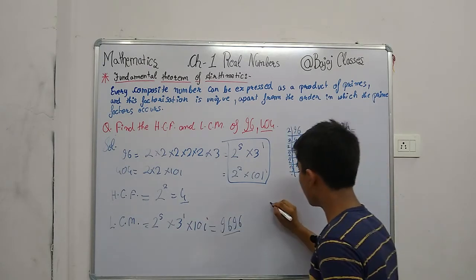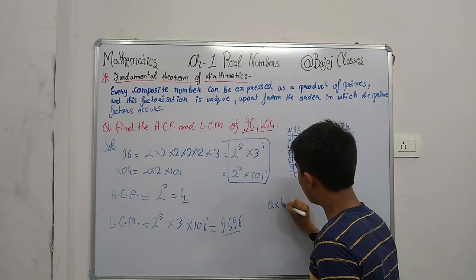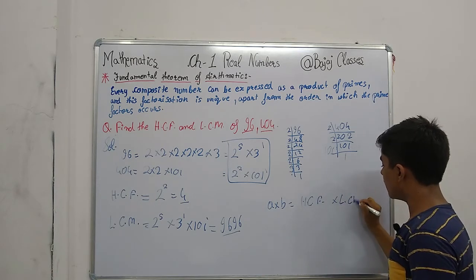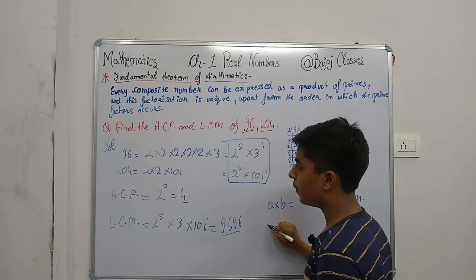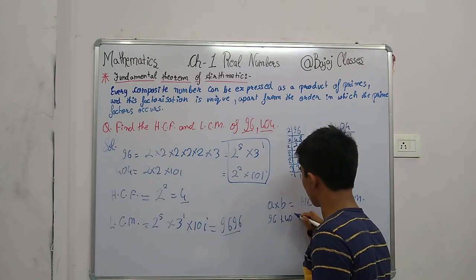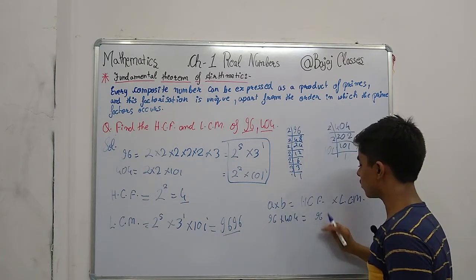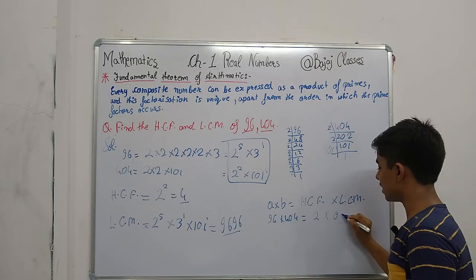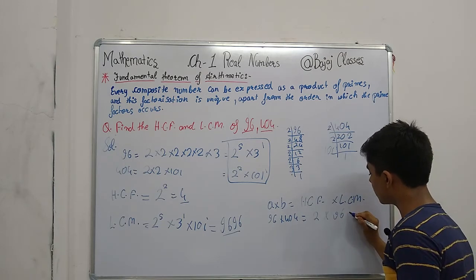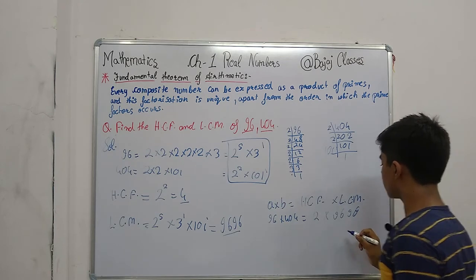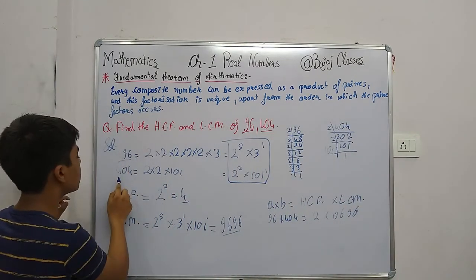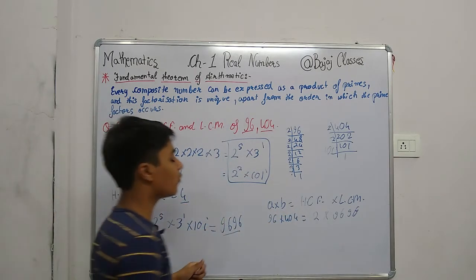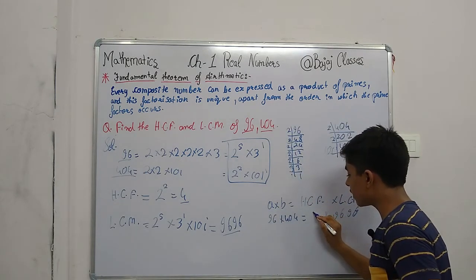Now the relationship: A into B equals HCF into LCM. A is 96 and B is 404, so 96 into 404 equals HCF into LCM. Oh sorry, I have written it wrong, the HCF is 4.